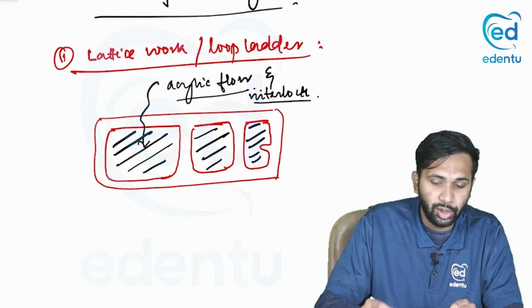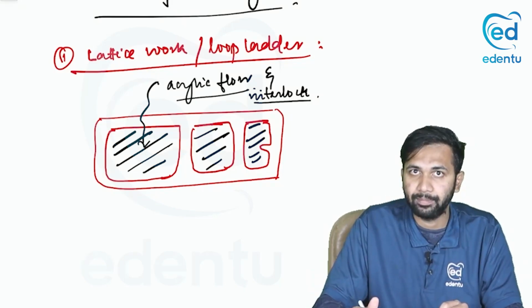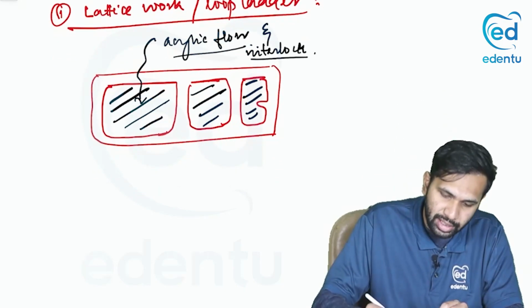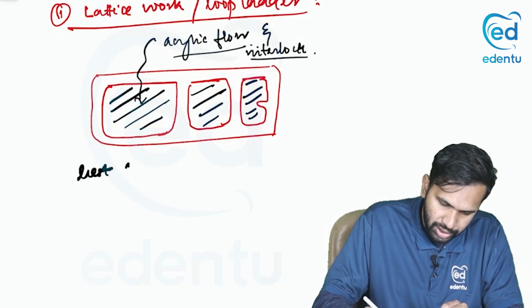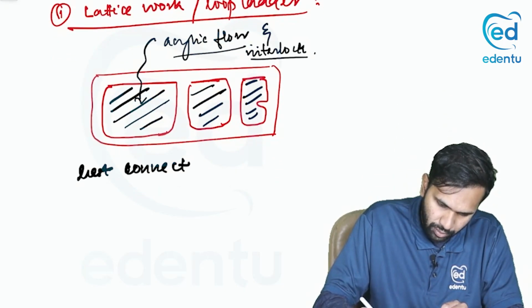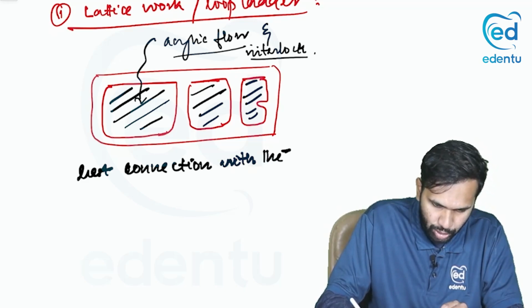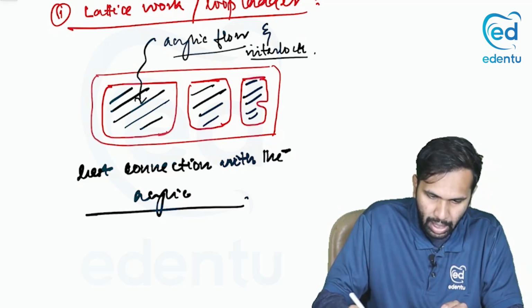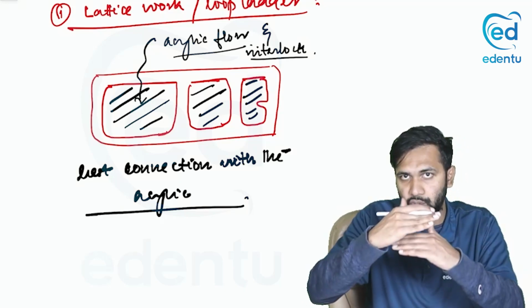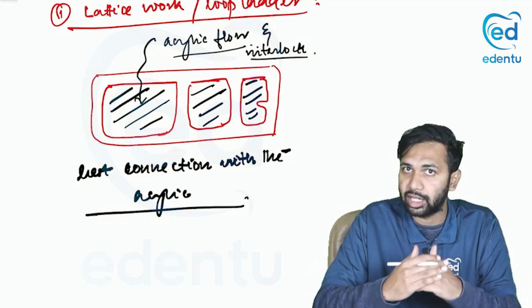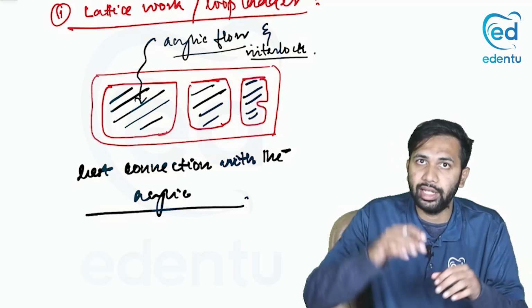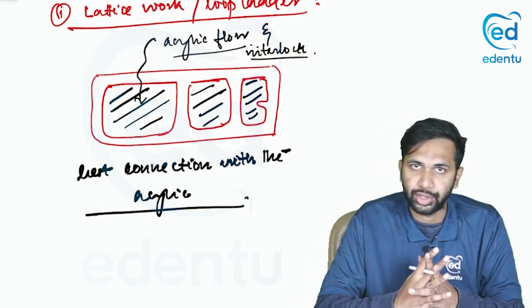You call it loop and ladder or lattice work type. And this offers the best connection or best locking with the acrylic. Among the 3 types, this loop ladder or lattice work type offers the best joining of the metal and the acrylic because the holes are large. Acrylic can easily go and interlock itself during acrylization.